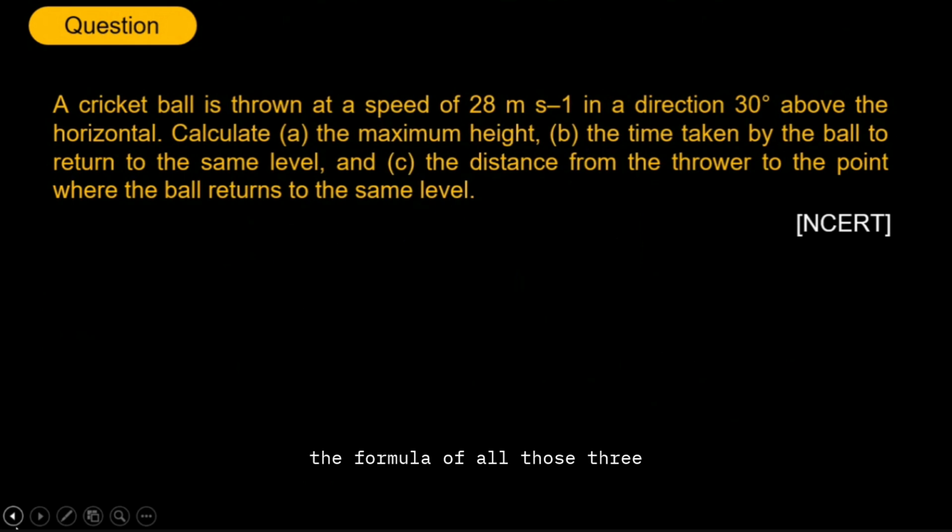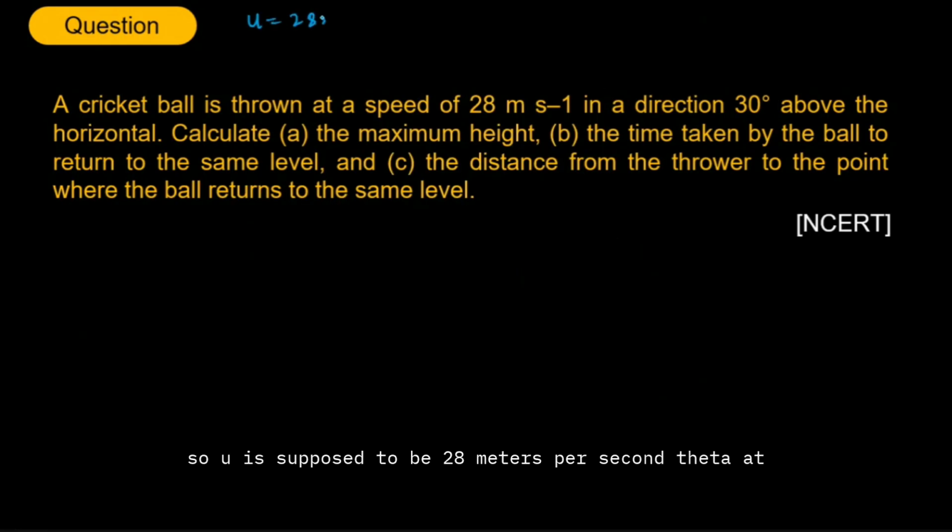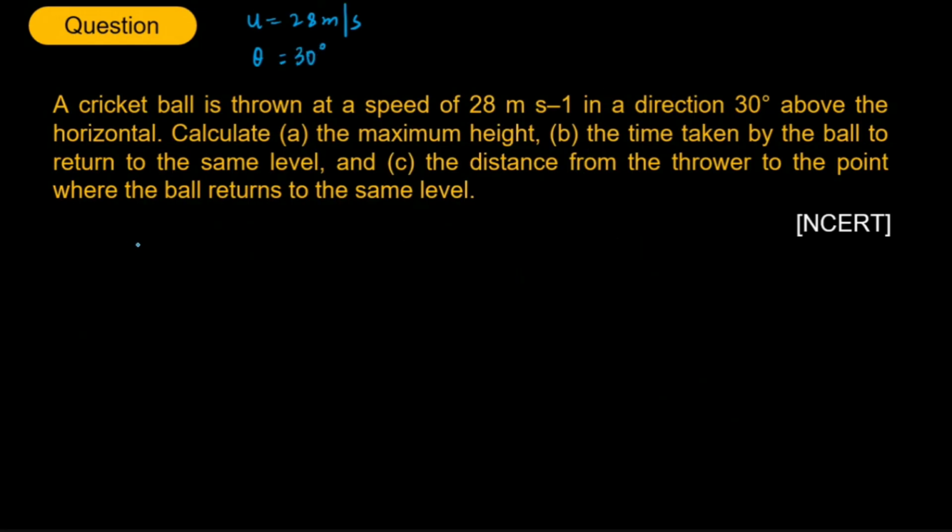Just use the formulas for all three which we have derived and substitute the values given here. u is 28 meters per second. Theta at which we have thrown is 30 degrees. Use all the relations and you get the values. Do it.